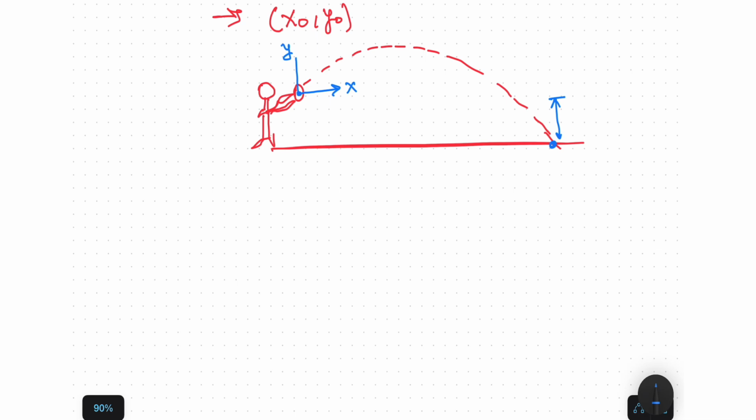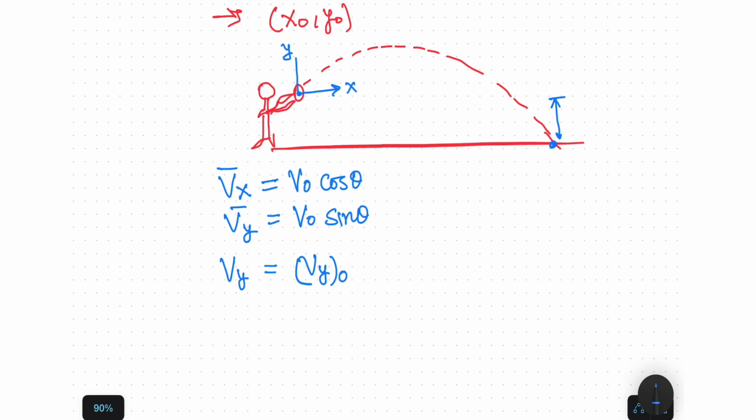First of all, we can find the x component: v naught cos theta. Then we can write Vy: v naught sine theta, where theta is the angle of launch. Apart from these, we have another equation: Vy is equal to Vy naught minus g multiplied by time.